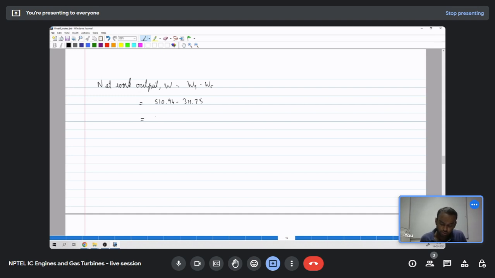So this is 230.19 kilojoule per kilogram. Now our target is to have a power output of 70 megawatt.